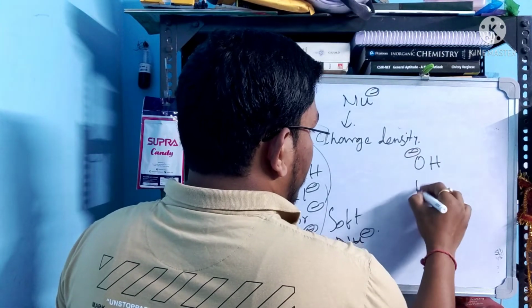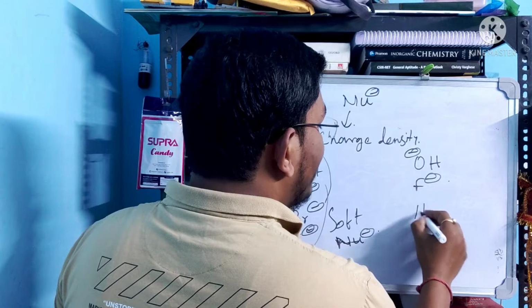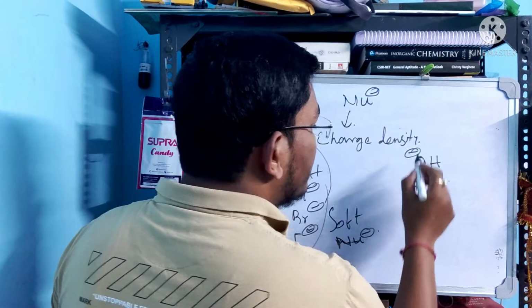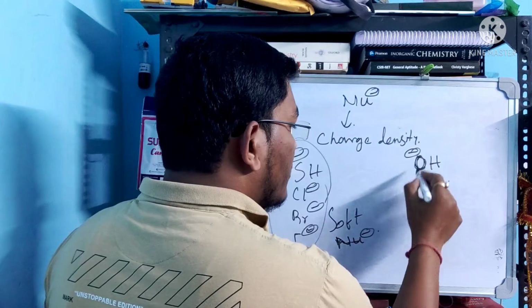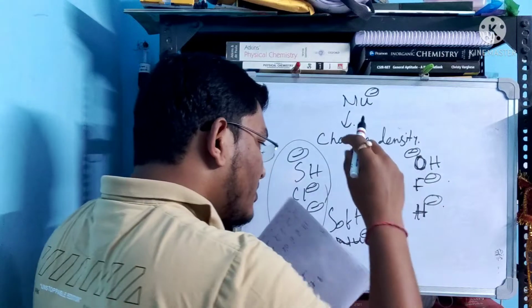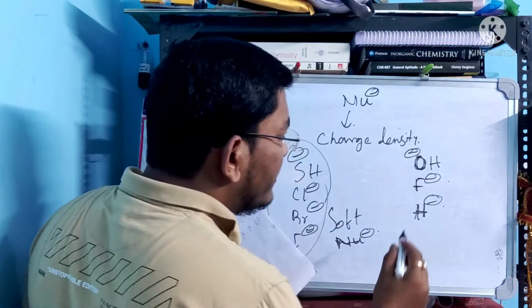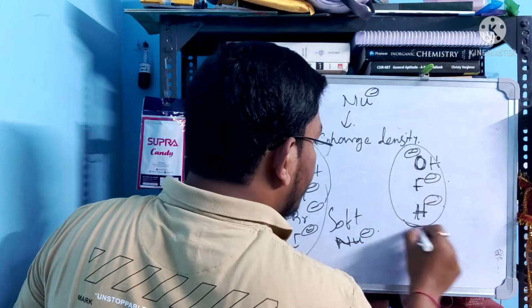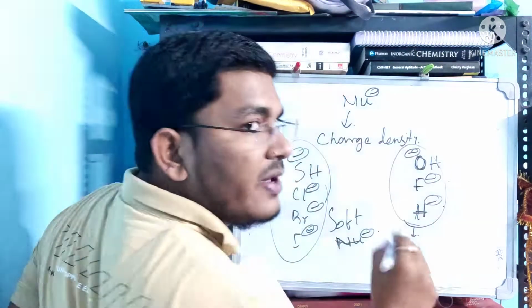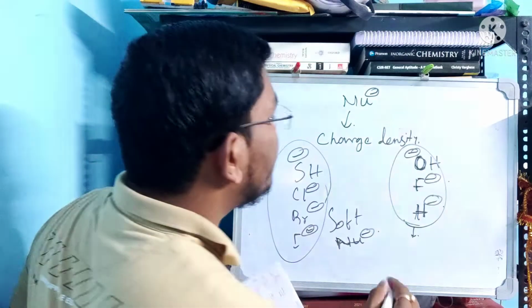OH minus, fluoride, hydride: here the size of the nucleophile is very small. Fluoride is very small, hydride is very small. That means for this kind of nucleophile the charge density will be very high, is it not?